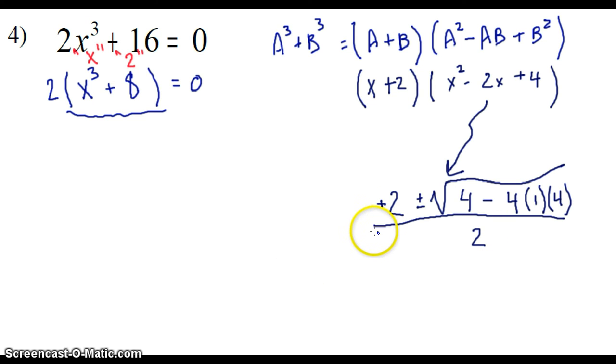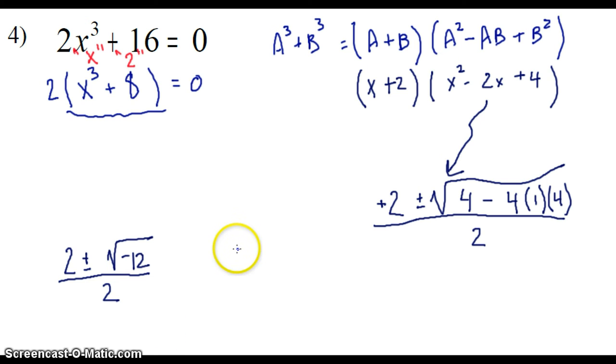So 2 plus or minus, 4 minus 16 is negative 12, so that's the square root of negative 12 all over 2.